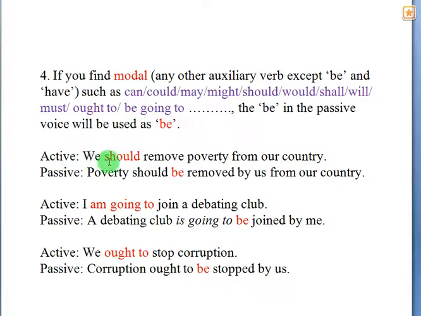Just notice the example. We should remove poverty from our country. Here we have got a modal auxiliary should. In the passive form, be has been used as be. Poverty should be removed by us from our country, or poverty should be removed from our country by us.